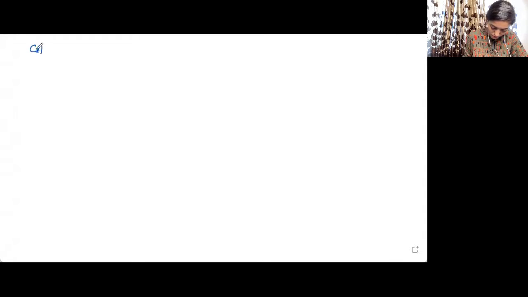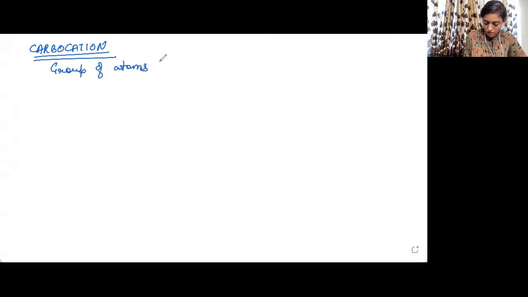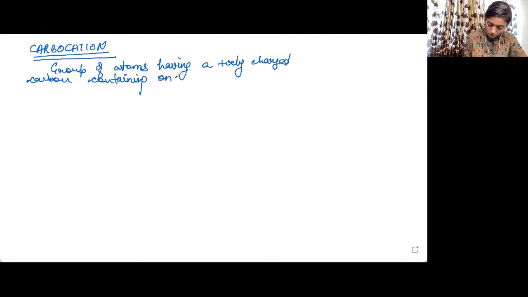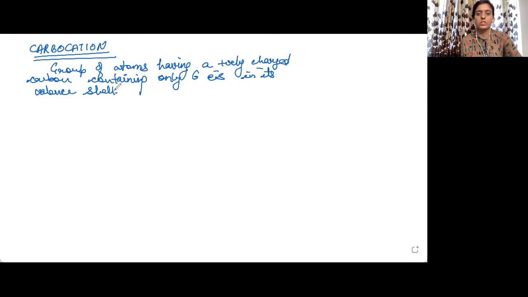A carbocation intermediate is a group of atoms having a positively charged carbon containing only 6 electrons in its valence shell. So it will be lacking in electrons, so it is carrying a positive charge.